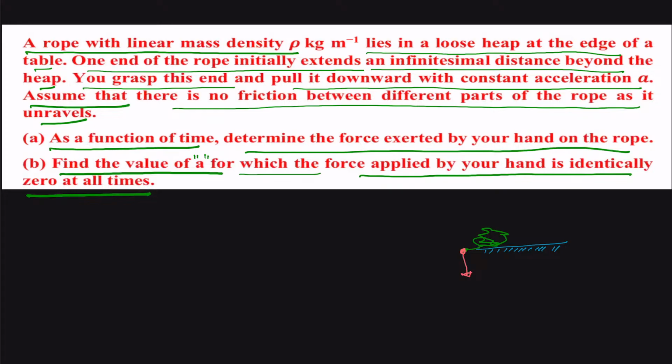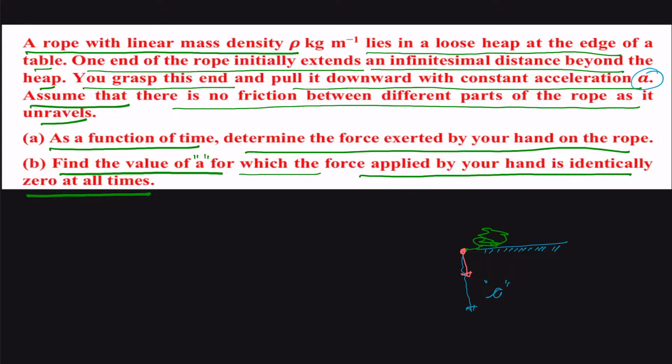Or we can say we jumped from the table holding the end of the rope, so the rope will be traveling along with us. So it will be moving in the downward direction along with the person who jumped with the rope, and it says that it is pulled downward with the acceleration of A.